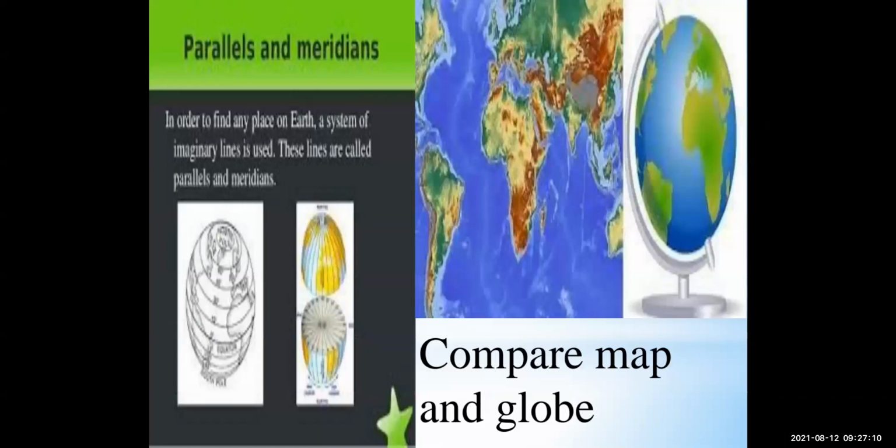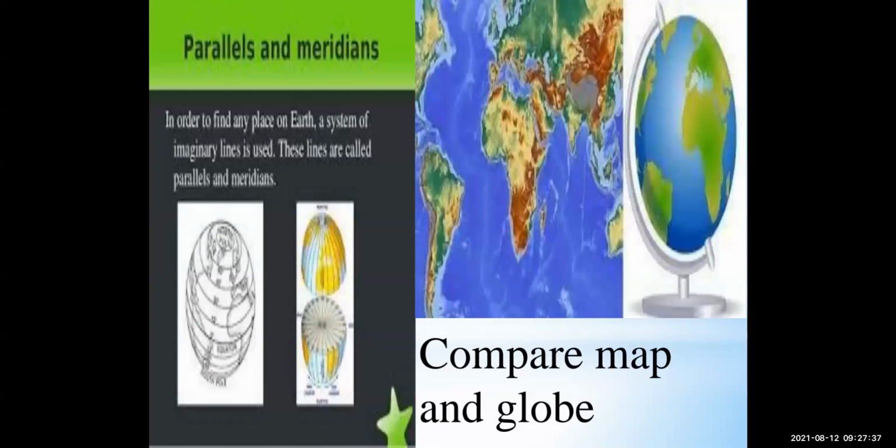You have learned what a meridian is and what a parallel line drawn on the globe is. We have also learned that it helps to determine the location on the earth.